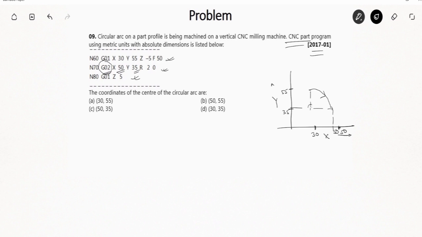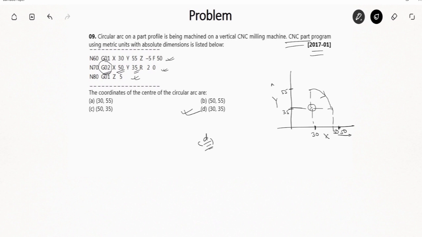So this would be the coordinate of the center. If you look at the figure, you will get the answer, it is (30, 35). The other way, you can also do the mathematics and get the coordinate, and it will again come to (30, 35). So the right answer is (30, 35), option D.